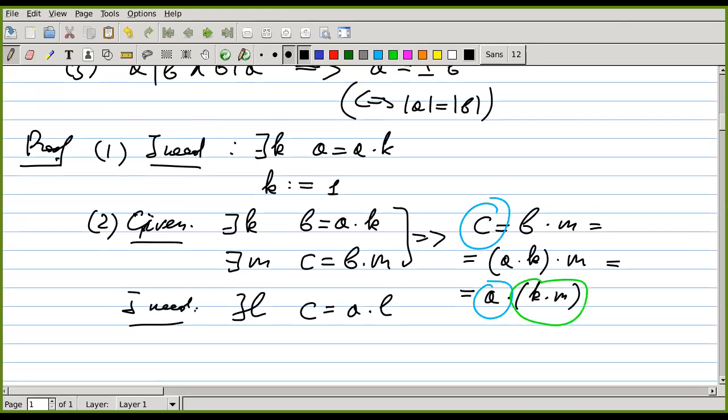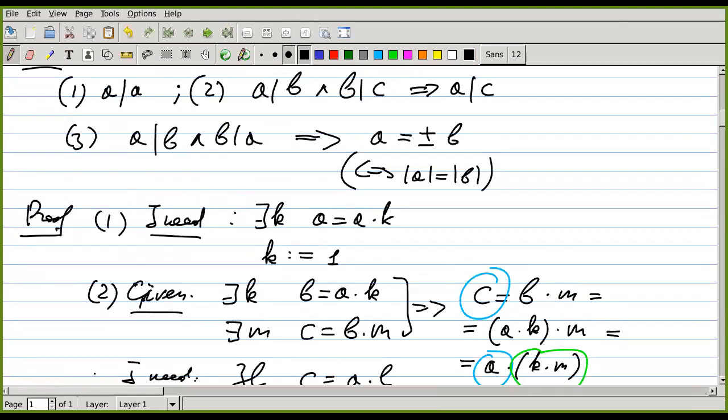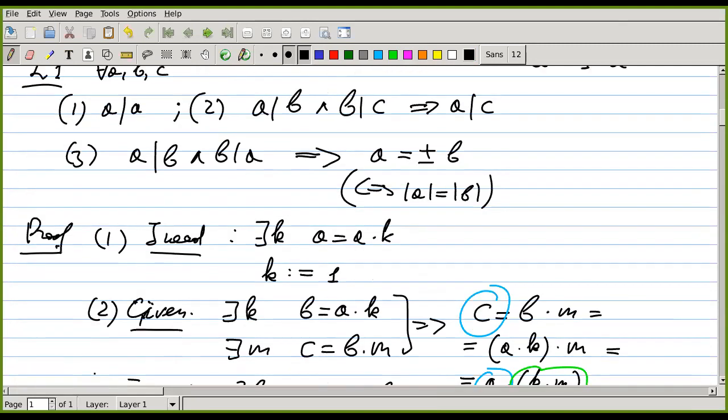And it is exactly the thing we are required. C equals A multiplied by something. So just take this one for L. Is it clear? Yes.